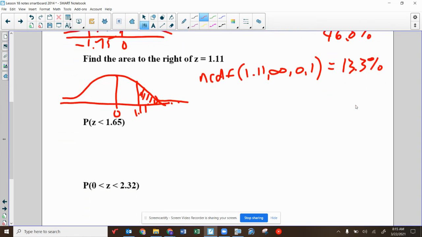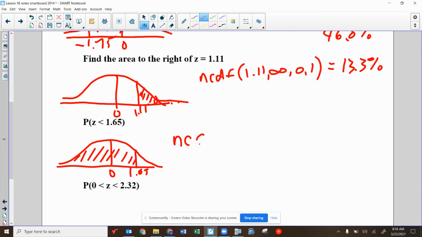All right, again, just some notation. I have a z-score less than 1.65. Everything here. So now I'm doing more than half the graph. So I should get an answer that's bigger than 50%. All right, so this one's going to be, since we're going all the way to the left, negative infinity, 1.65, 0, and 1.